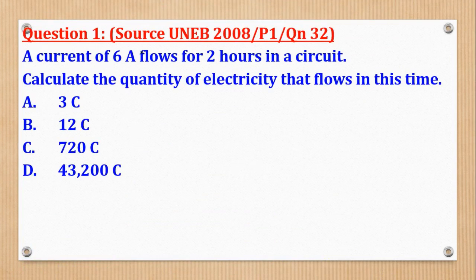Question 1 came from UNEB 28, paper 1, question 32, and says a current of 6 ampere flows for 2 hours in a circuit. Calculate the quantity of electricity that flows in this time.